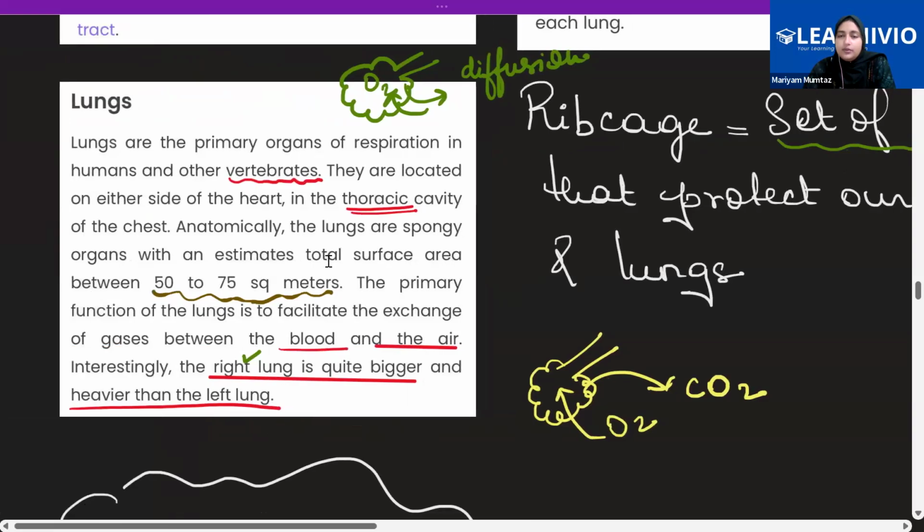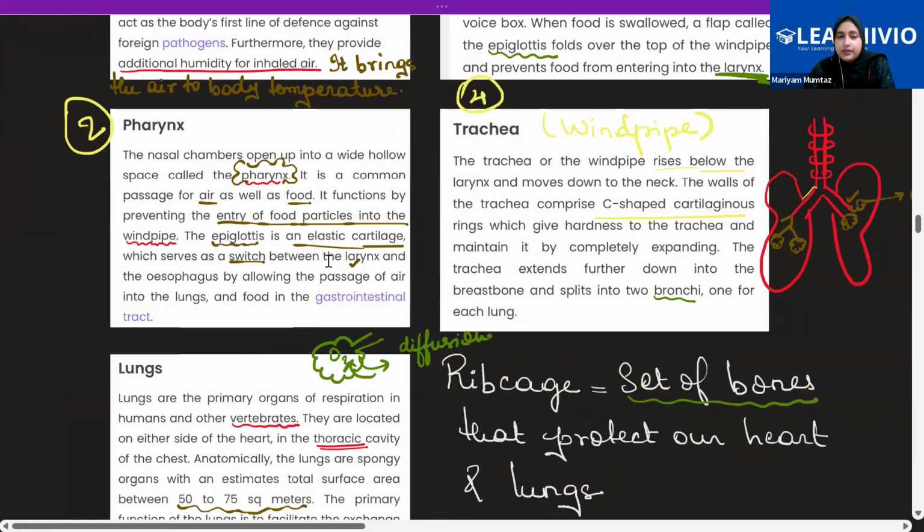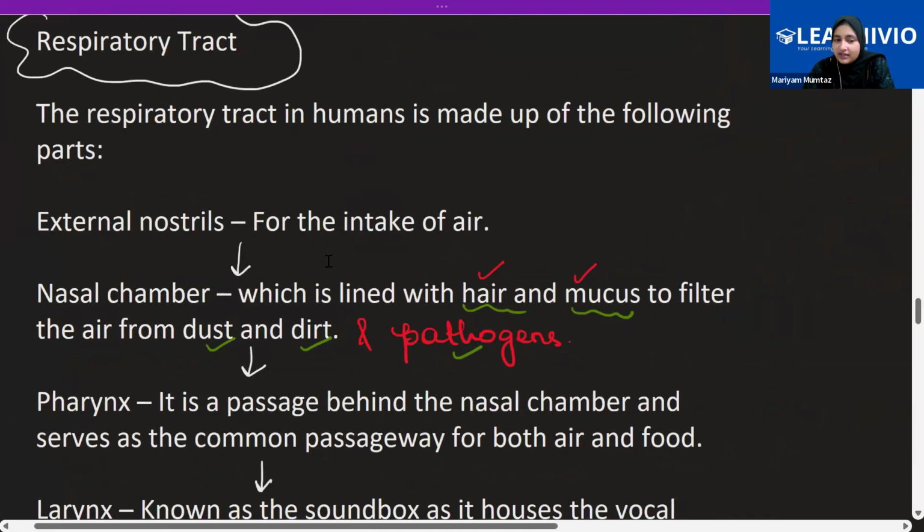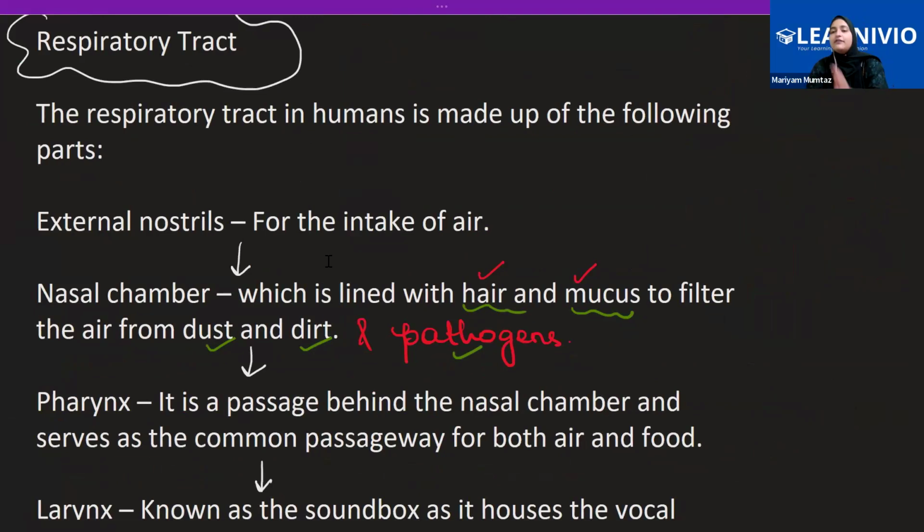No, ma'am. Okay. Now, furthermore, let us see the respiratory tract and how things happen. Firstly, the air we take from the atmosphere. With the help of our external nostrils, we take the air inside, we breathe in. Then it passes to the nasal chamber, which is lined with hair and mucus so as to filter the air from dust, dirt, and different pathogens.